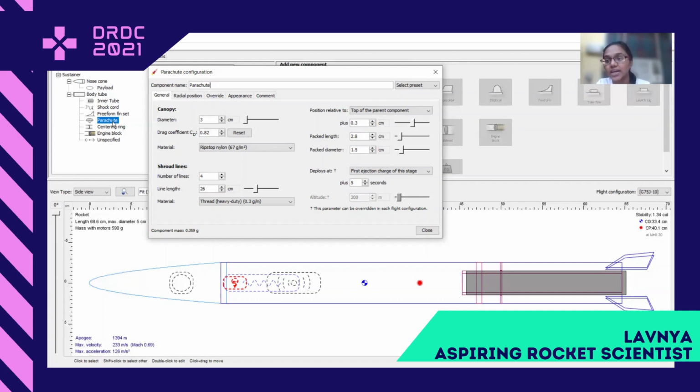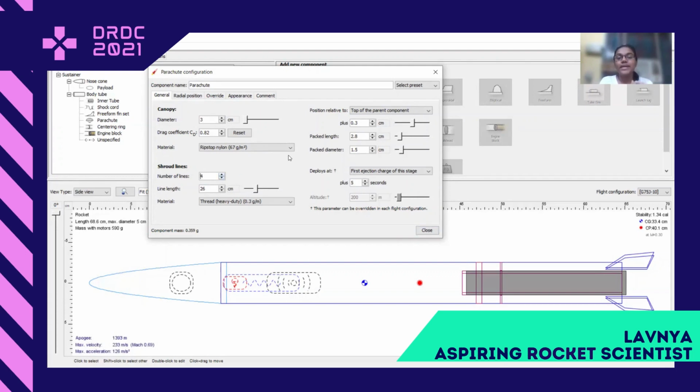Ripstop nylon can never be the worst choice for the canopy material, so I have gone ahead with ripstop nylon. The shroud lines are of thread, and the number of lines is 4. It can probably also be increased, but I'll go with 4.